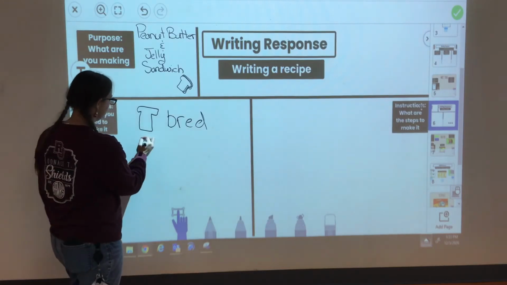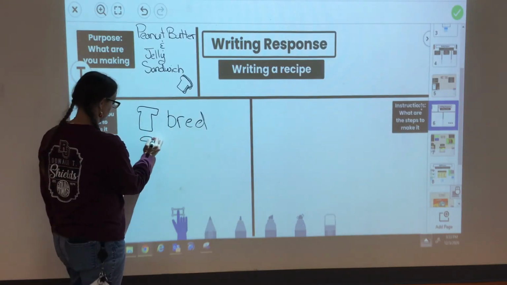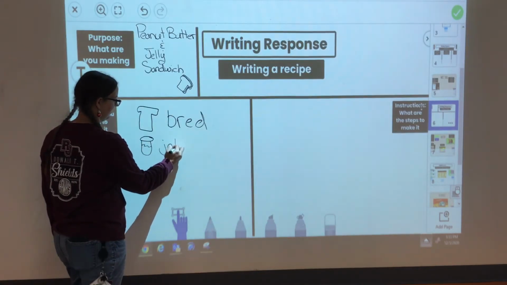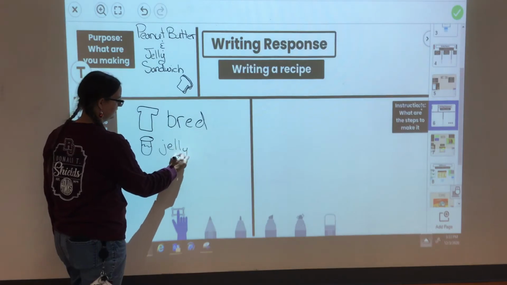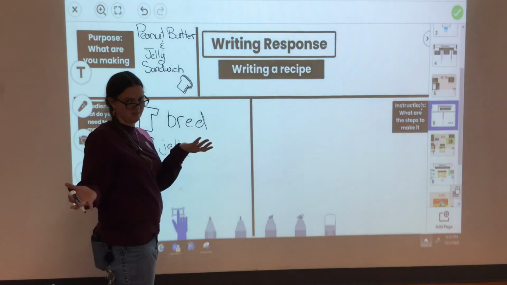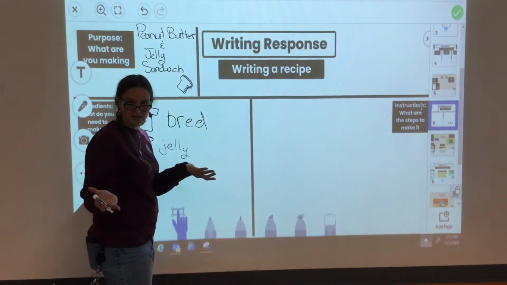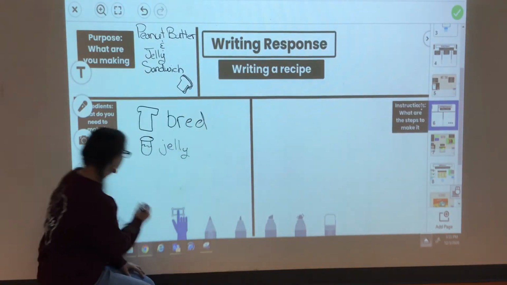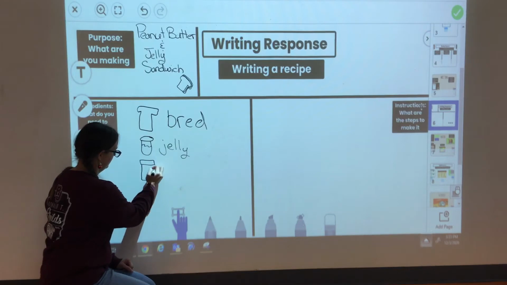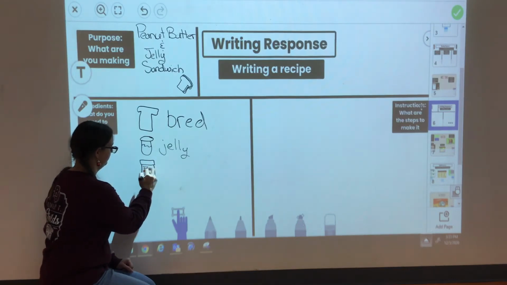And then we're also gonna need some jelly, right? So I'm gonna draw me a jelly jar, and I'm going to write Jelly. And then what else do we need for a peanut butter and jelly sandwich? Well, we need peanut butter, right? So I'm going to draw me a jar of peanut butter. See if I can make it look like a jar, right? And I'm going to write PB on it. Oop, that's not P. Let's try that again.